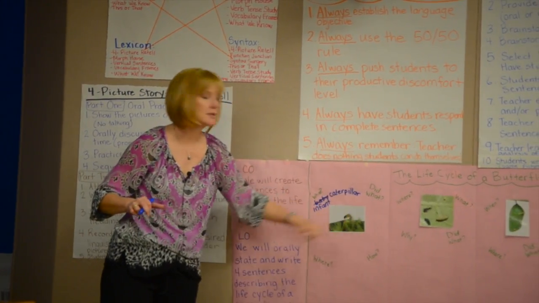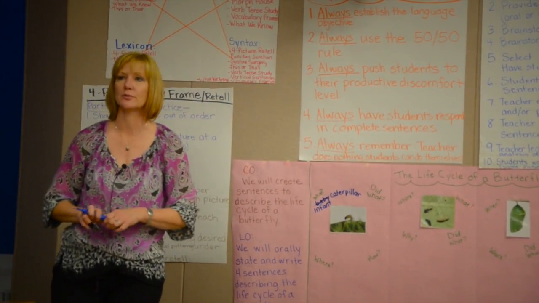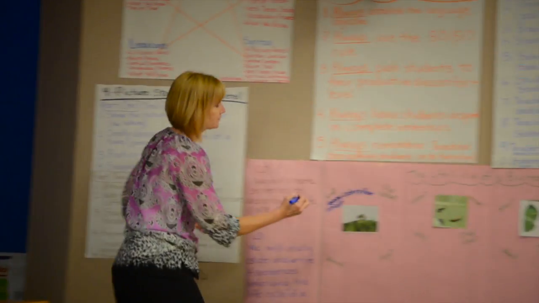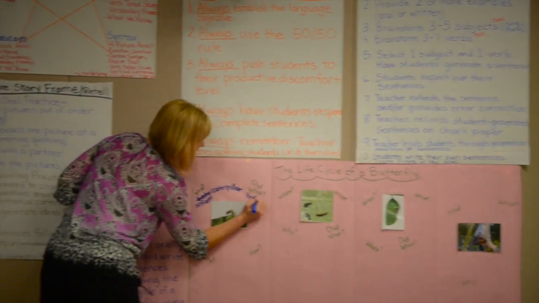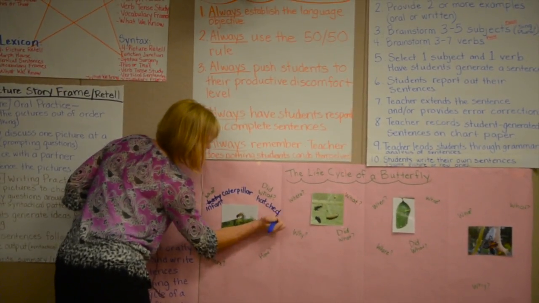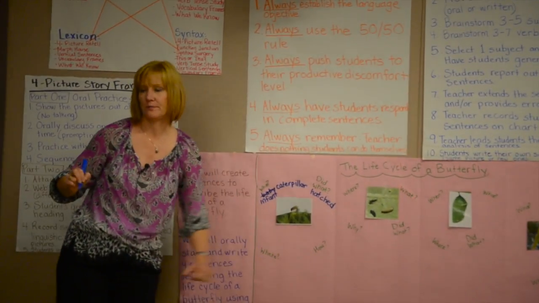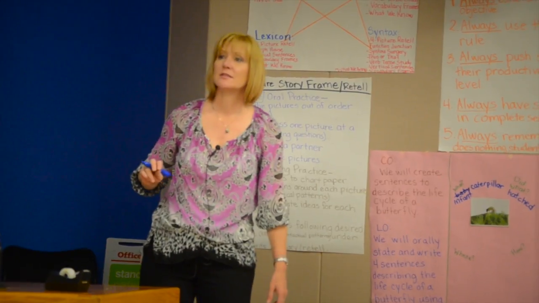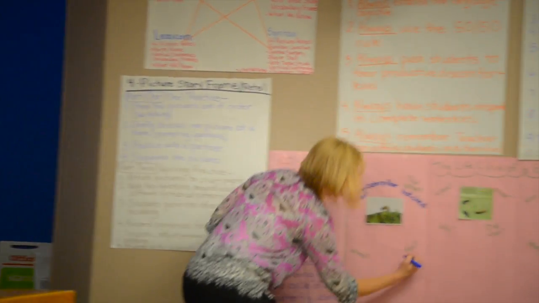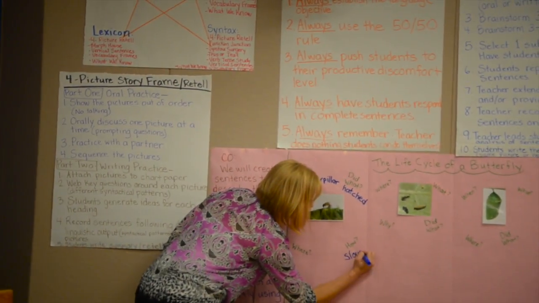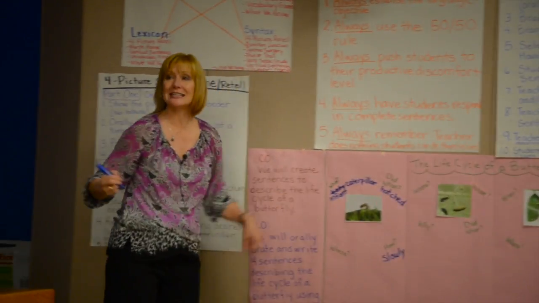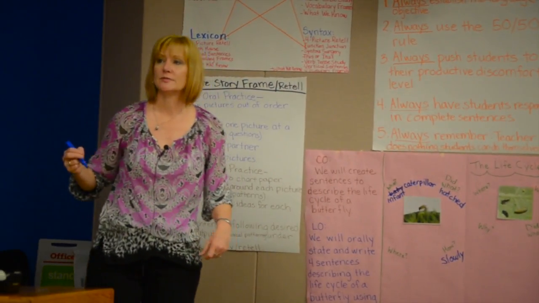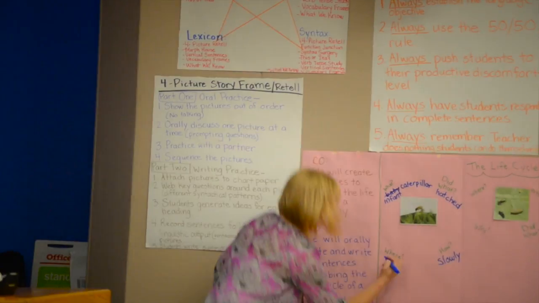So what did the caterpillar do in the picture? Hatched. What would be an adverb to describe how it hatched? Slowly, okay. And where did it hatch? On the leaf, okay.